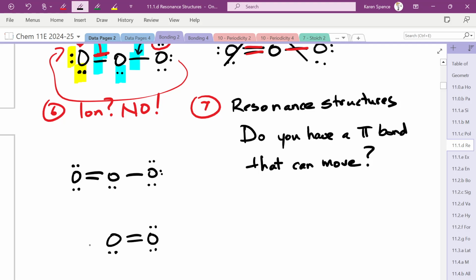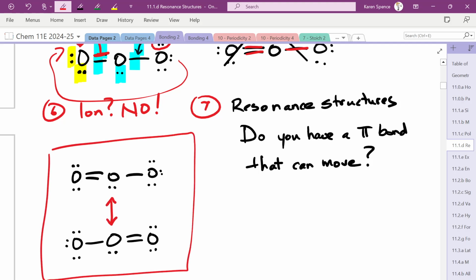What kind of bond on the left? Single bond. O. And then we have how many lone pairs? 3. 1, 2, 3. And in order to show that they are going back and forth between the two, what do we need to draw? A 2-way arrow. And I would put a box around this and say, there we are. Answer.